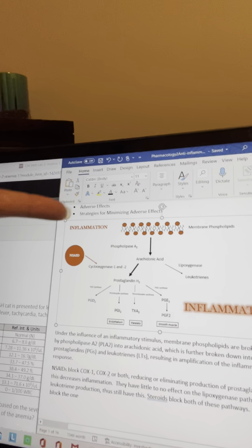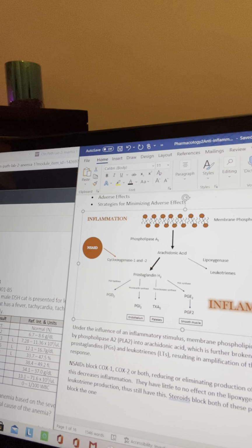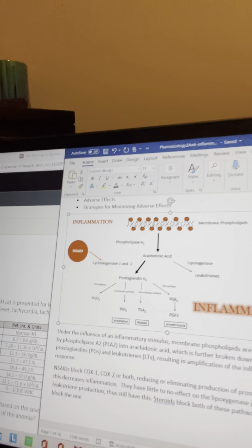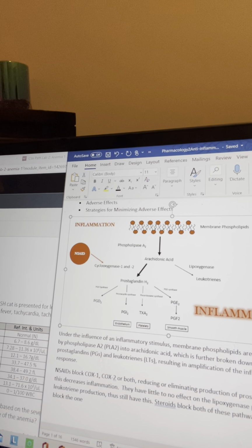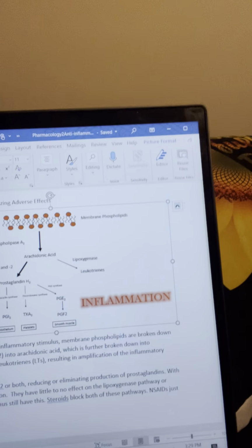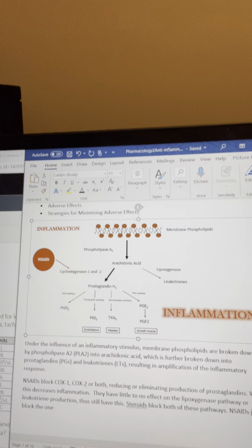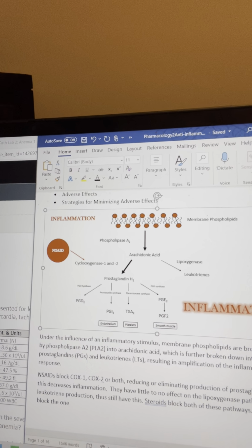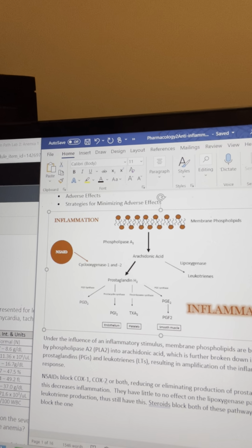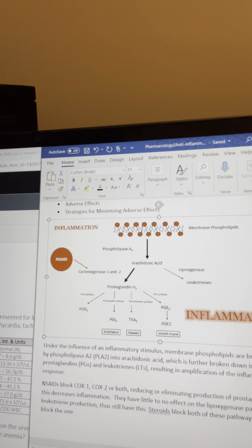As you can see, we have inflammation up here. So under the influence of an inflammatory stimulus, the membrane phospholipids are broken down by phospholipase A2, also known as PLA2, into arachidonic acid, which is further broken down into prostaglandins, also known as PGs, and leukotrienes, also known as LTs, resulting in the amplification of the inflammatory response.